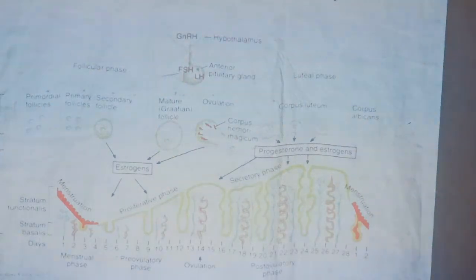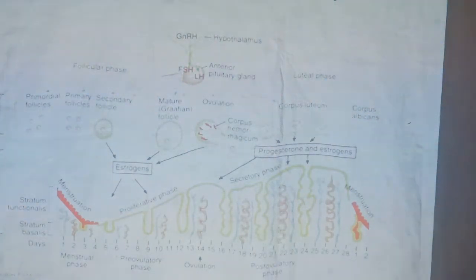If the ova received by the fallopian tube is fertilized, then what happens? If fertilization takes place and it is embedded in the endometrial lining, then an LH-type hormone, called chorionic gonadotropin, will be released, and it is responsible for maintenance of the corpus luteum.